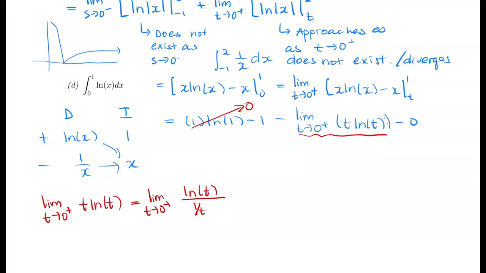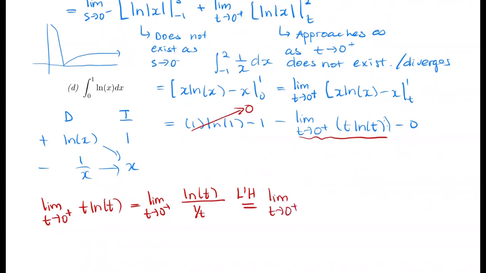So now, by L'Hopital's rule, we could say that the limit as t approaches 0 from the right, the derivative of ln of t is going to be 1 over t. The derivative of 1 over t is negative 1 over t squared.